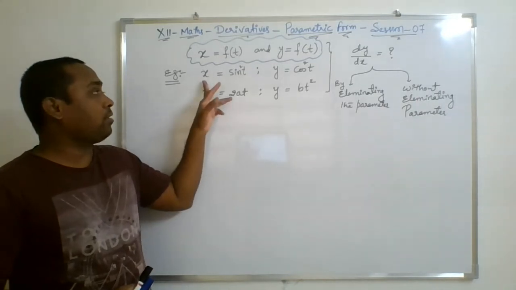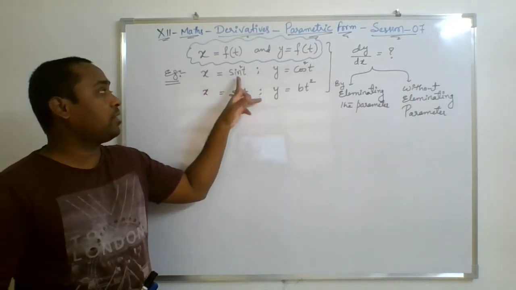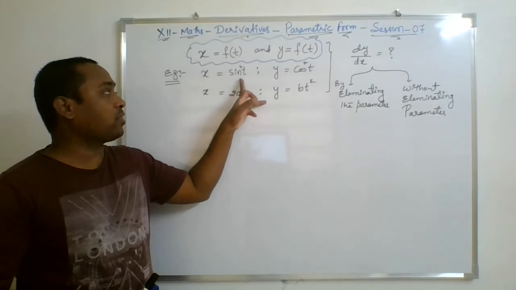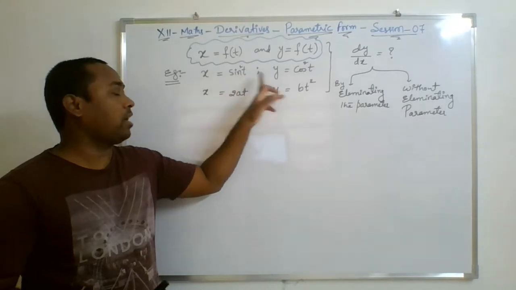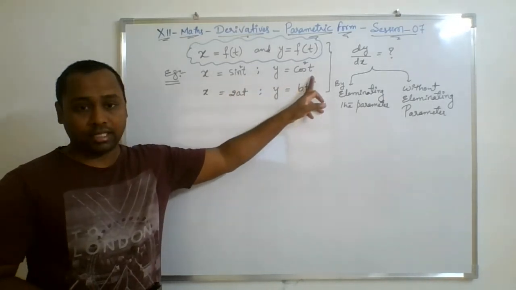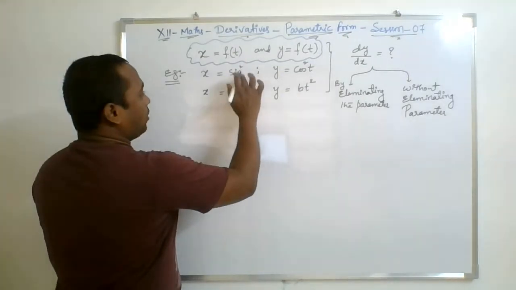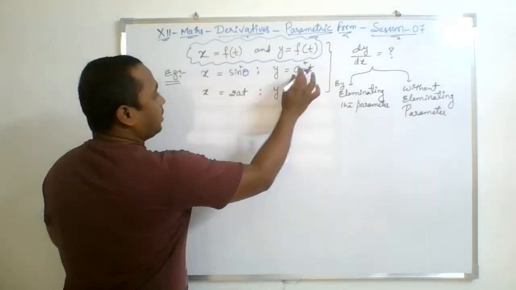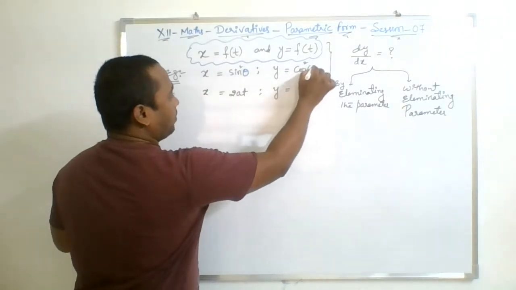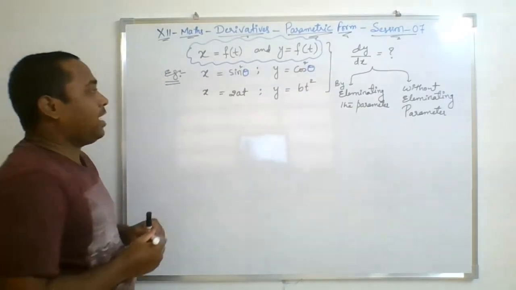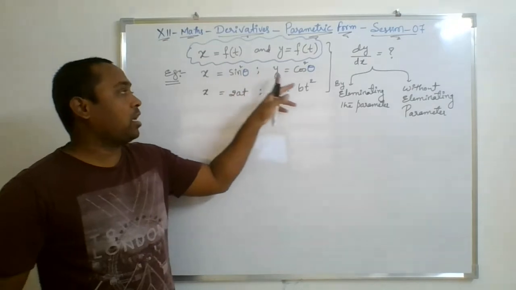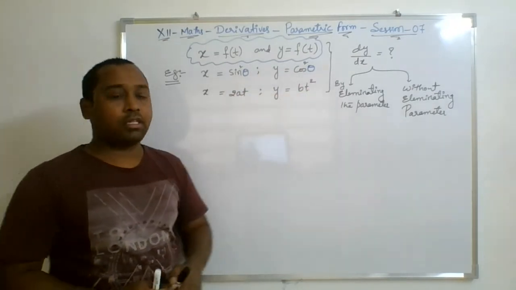See, x is defined as sine square t and y is equal to cos square t. You may also write theta in place of t to understand better, so you will be very comfortable to speak. x is equal to sine square theta and y is equal to cos square theta.